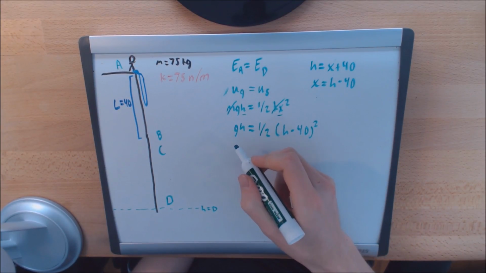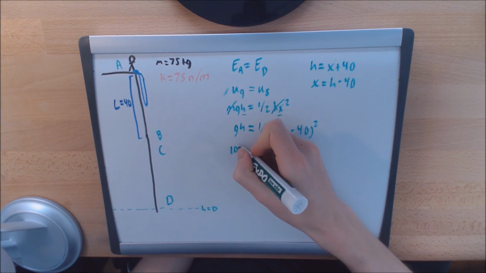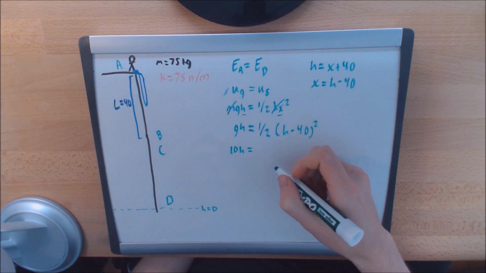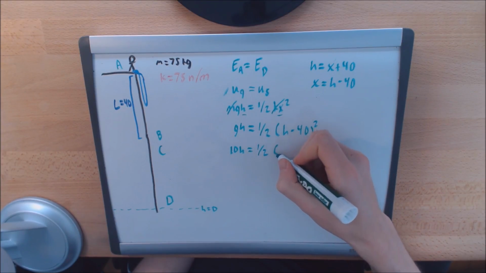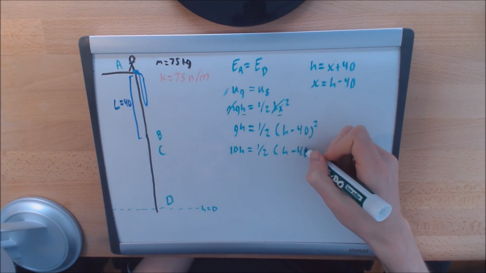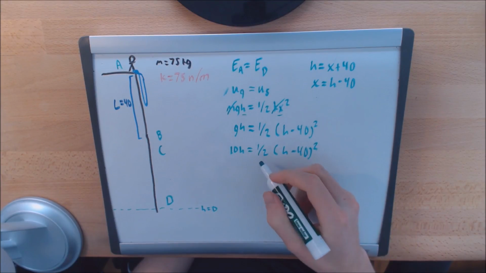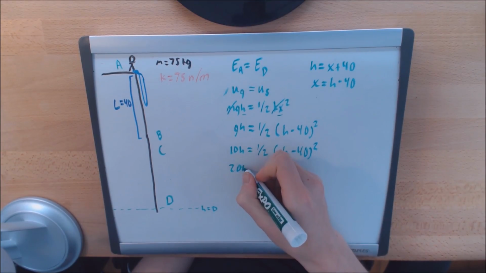So now we'll plug in g of 10: 10h equals 1/2 (h minus 40) squared, and move the half over, 20h.